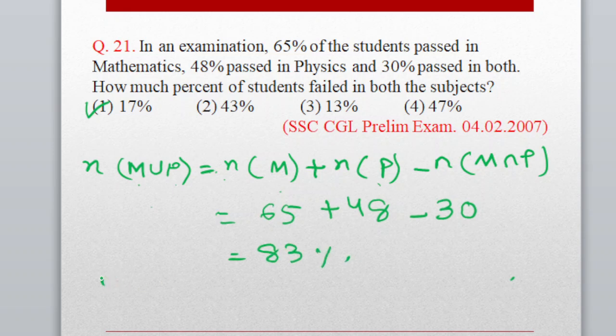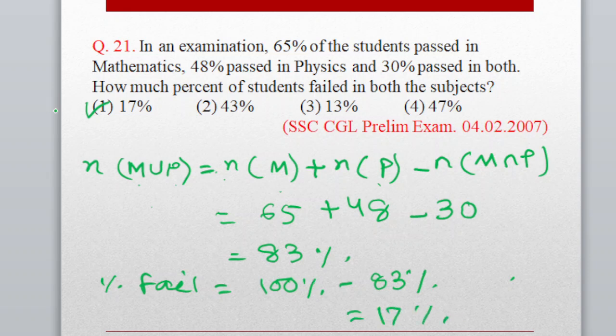So percentage fail student is equal to 100% minus 83%. So that is equal to 17%. That means here option 1 is the right answer. I have to write here this as 65%, this is 48%, and this is 30%.